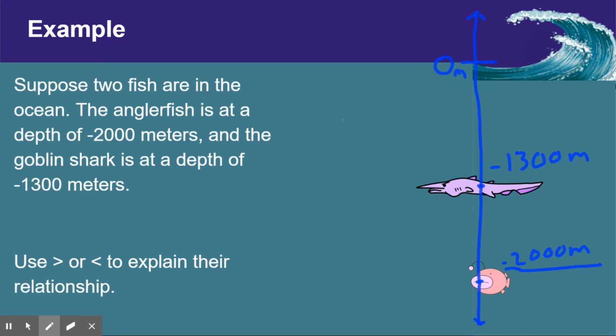So the greater value, we'll put a greater sign in there for now, is actually going to be the number that is closest to the positive end of our number line. In this case, our negative 1,300 meters is going to be closer to this positive end than negative 2,000.